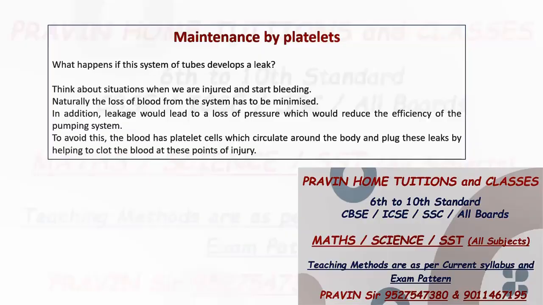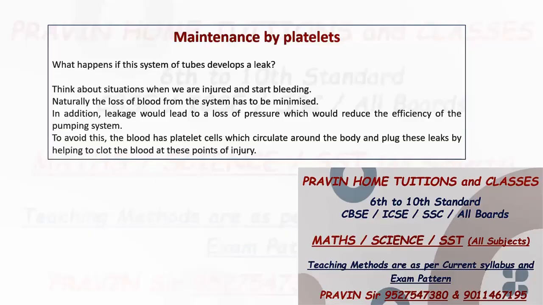Now, what will happen if this blood circulatory system leaks? This situation comes when there is injury to any organ. It starts bleeding and will lose blood from the system. It will lead to loss of pressure, which reduces the efficiency of the pumping system.